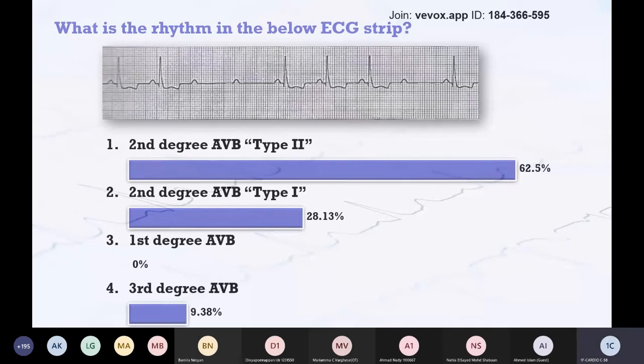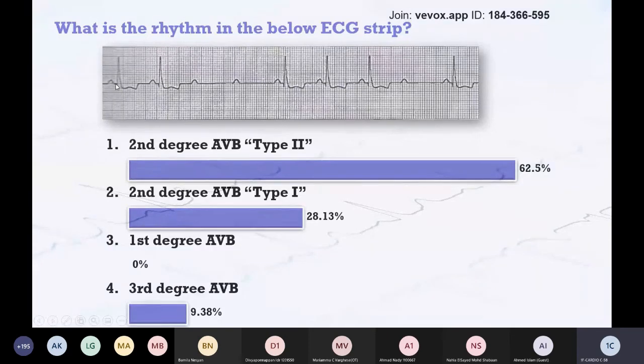Is it type 1? Type 1 should always have a gradual prolongation of the PR. It should be short and then gradually prolonged until we have one P wave with a skipped QRS. This is not the same here.